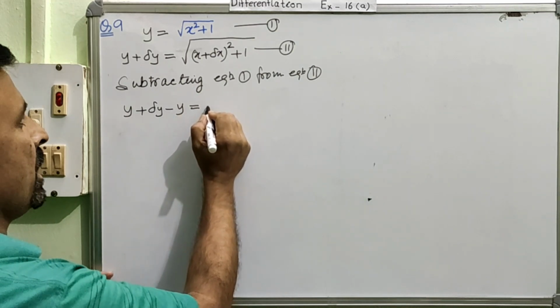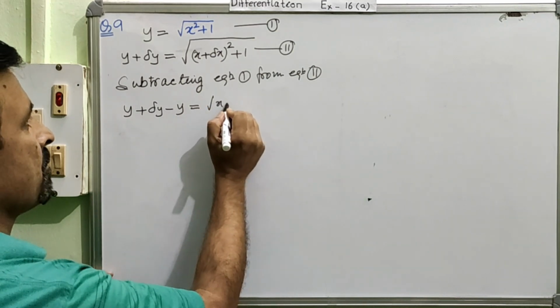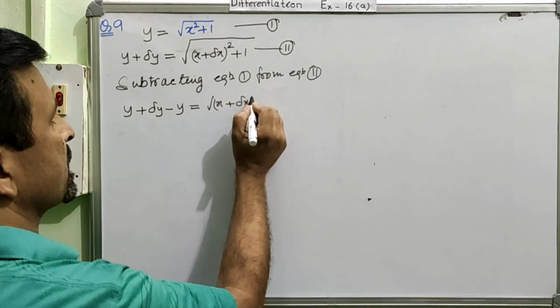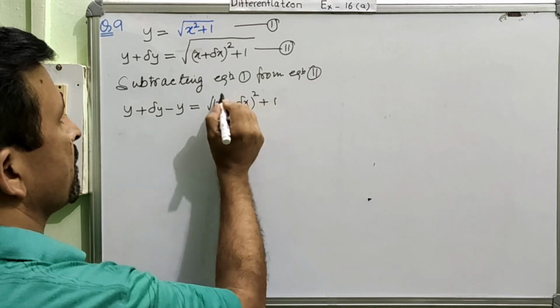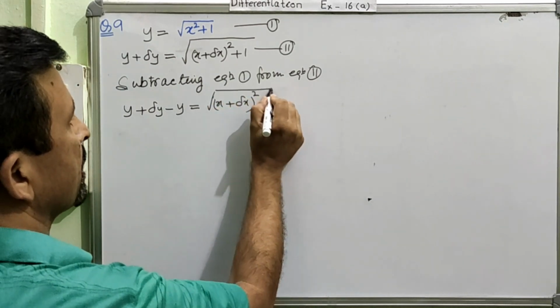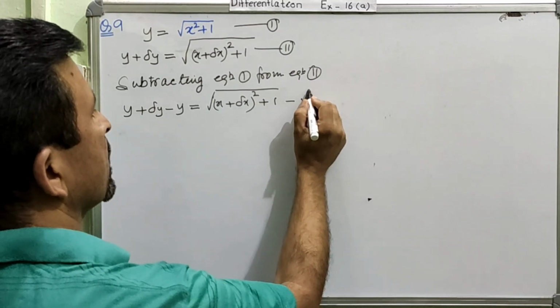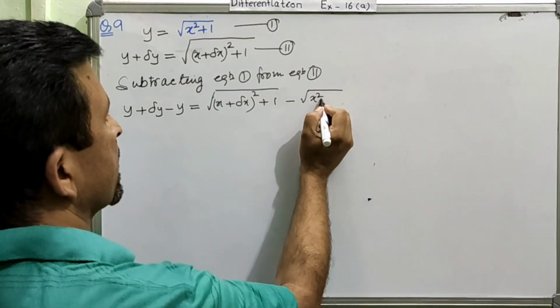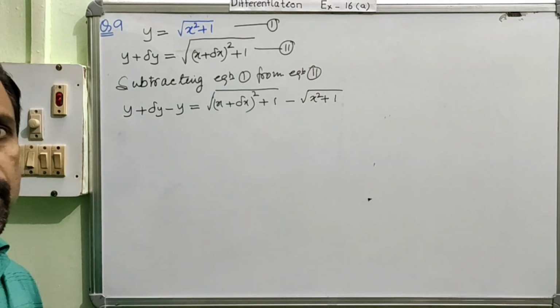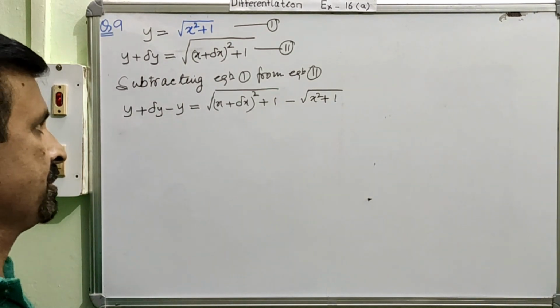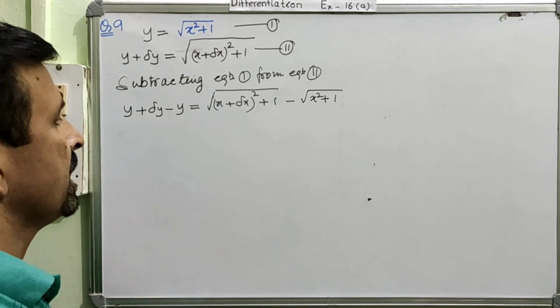On the right hand side, we are going to get root over x plus delta x whole square plus 1, minus root over x square plus 1. Am I very clear? So you can see what we have done is we have subtracted the first equation from the second equation. Is this all right?